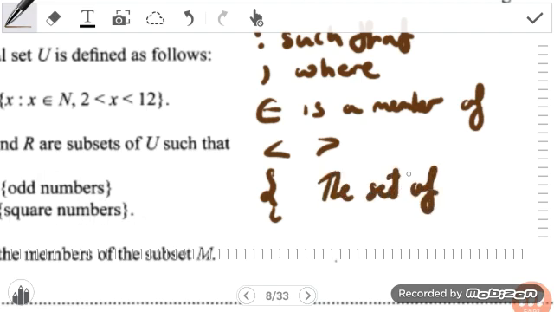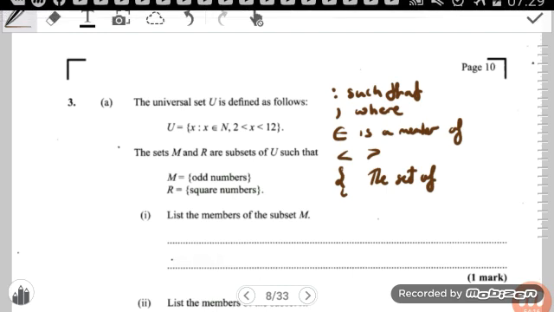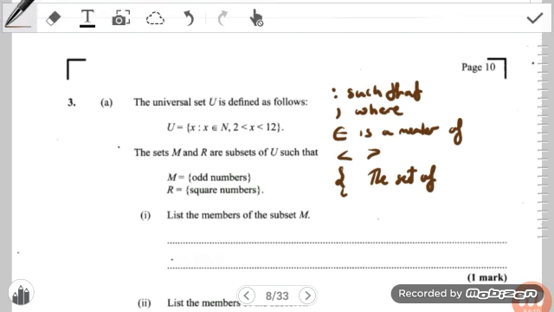N is the symbol that we use to represent natural numbers. Natural numbers are numbers that we start counting from 1 all the way through to infinity. So every number that exists numerically is a natural number, except for decimals, obviously.